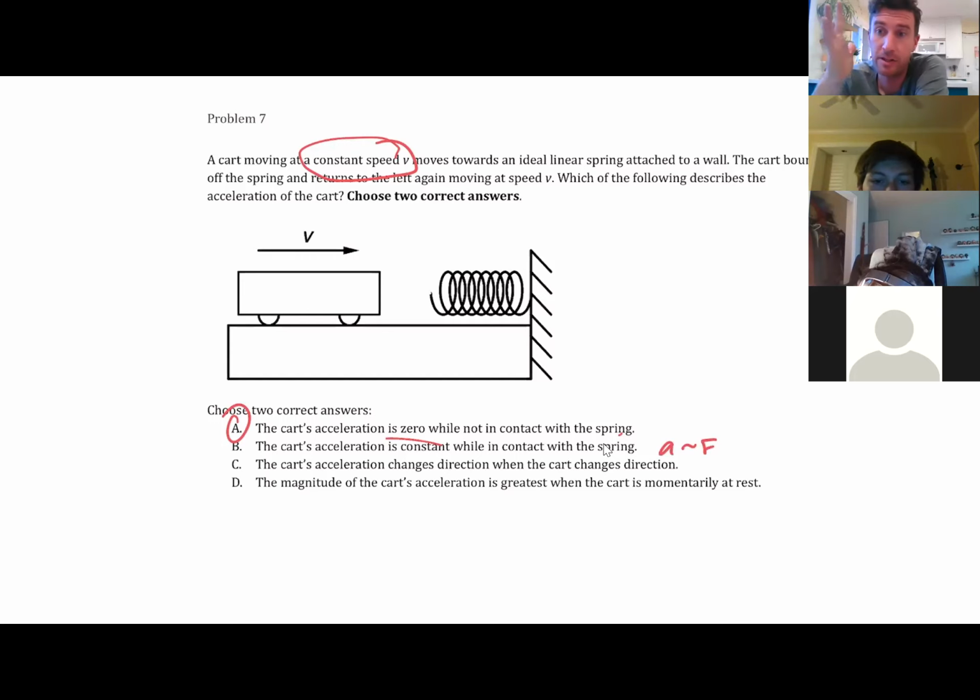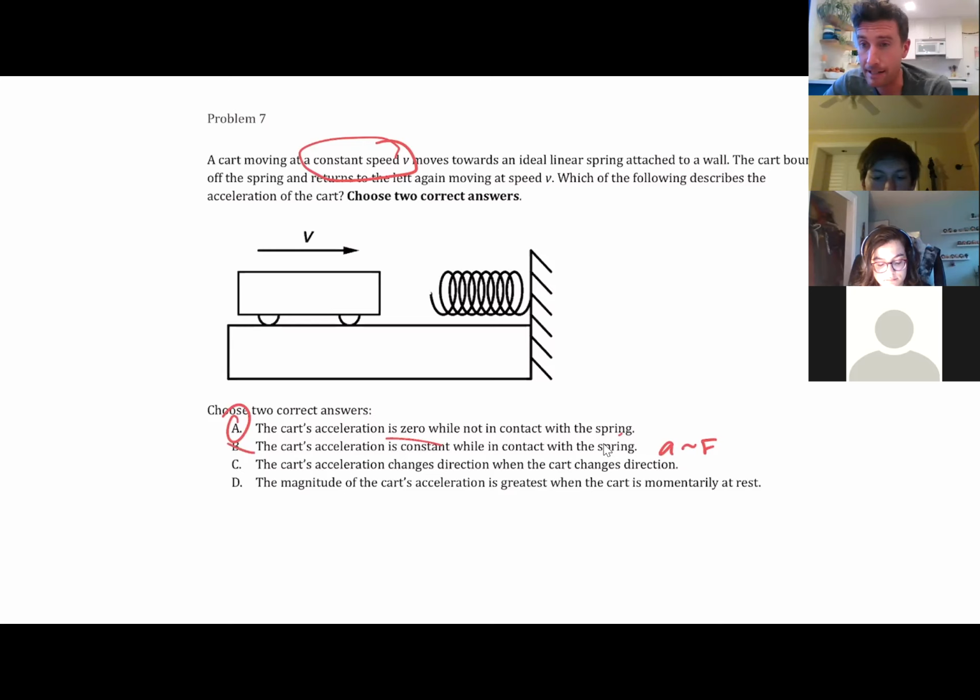Is the spring pushing the same amount if I'm just barely touching it or if I've pushed it all the way back? It is not pushing the same. The further I push the spring back, the more it wants to push me back, right? The more the spring compresses, the more it pushes back. So B is not a great answer. The cart's acceleration changes direction when the cart changes direction.